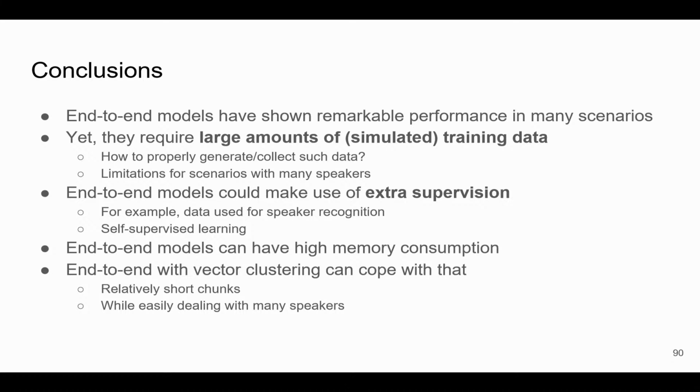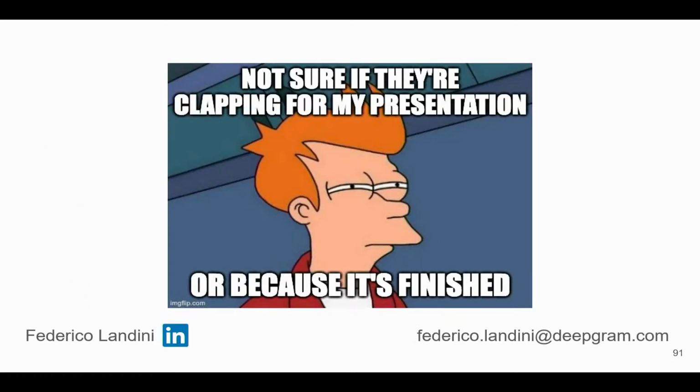And then you still leverage the improvements in vector clustering to provide the final diarization. And this covers the issue of end-to-end models not being so good with many speakers, because end-to-end in a few seconds can handle just a few speakers pretty well, and then the clustering, which is good on many speakers, can take over.